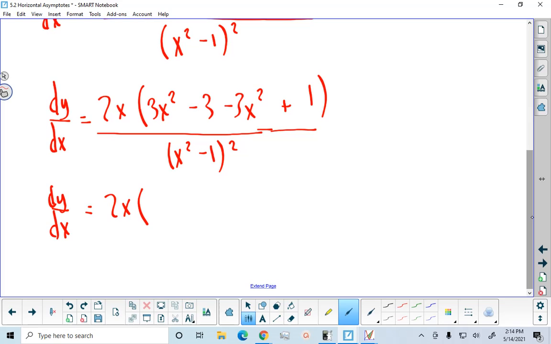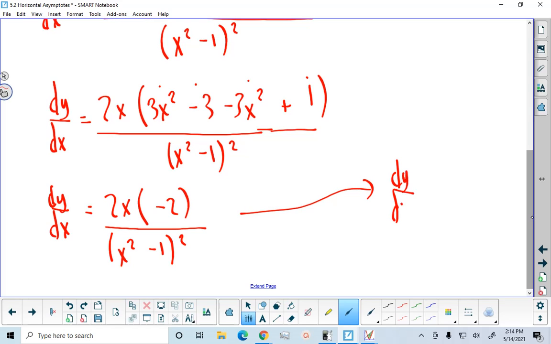Inside of the brackets, I have negative 2. Because the 3x squared minus the 3x squared is 0. Negative 3 plus 1 is negative 2. So finally, we get this for a derivative, dy dx is negative 4x over x squared minus 1 quantity squared.